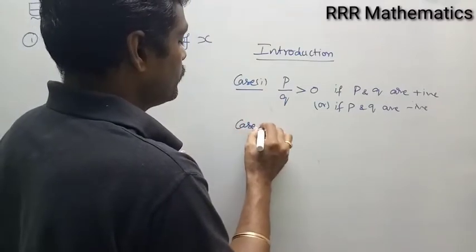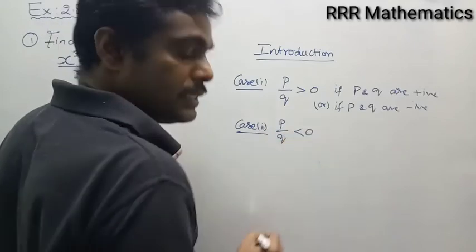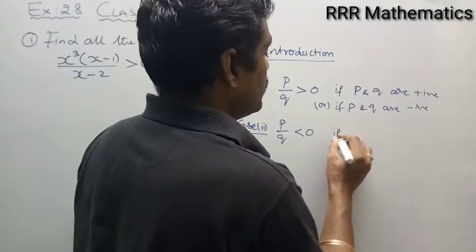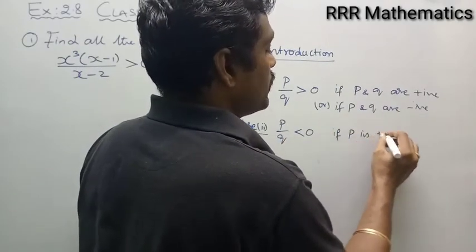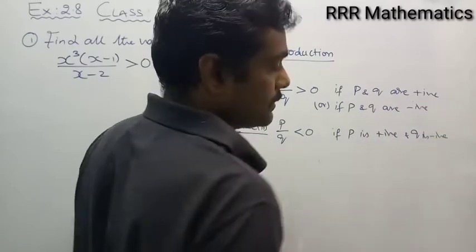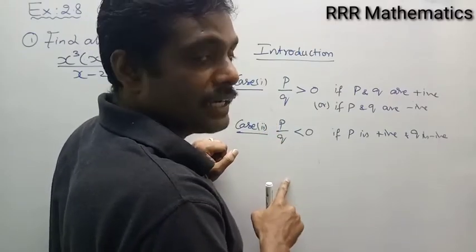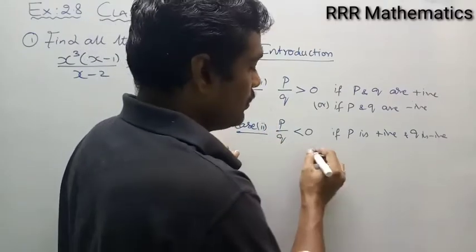Case 2, p divided by q which is less than 0. If p is positive and q is negative, if the numerator is positive and the denominator is negative, positive by negative is negative, which is less than 0.